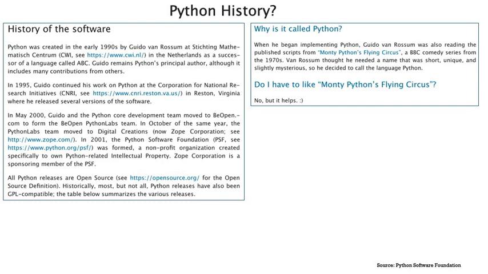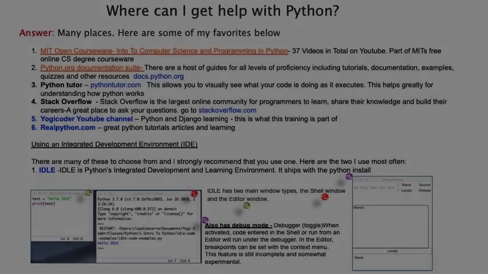Python releases are all open source, and some folks ask the question, how did Python get its name? You know, is it a snake? What's it named after? Well, when Guido began implementing Python, he was also reading Monty Python's Flying Circus, a BBC comedy series from the 70s. So through the power of influence, he settled on Python.